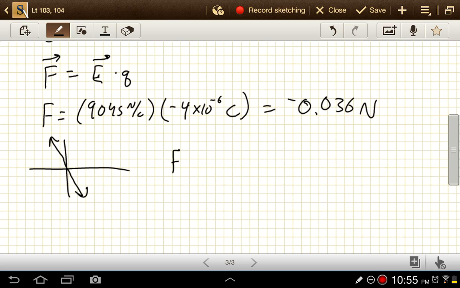So this force is just the opposite direction because of the negative sign there. 0.036 newtons at 84 degrees north of west.